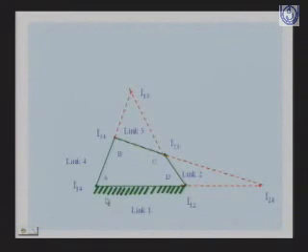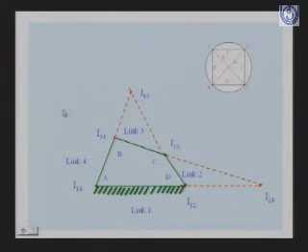Suppose we have a 4-bar link, so we can just draw a circle of any radius and make this a rectangle. If we have a 4-bar, then we can cut it into 4 parts, a rectangle, or you can say a square. If we have a 5-bar, then it should be a pentagon, or in case of a 6-bar it is a hexagon.